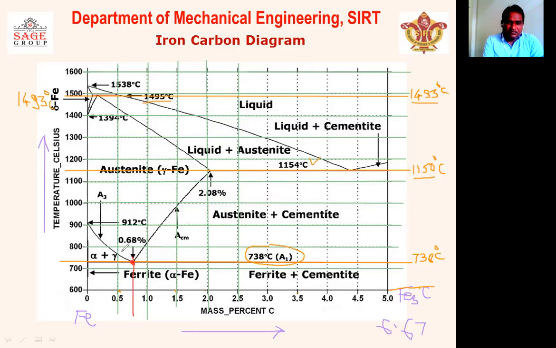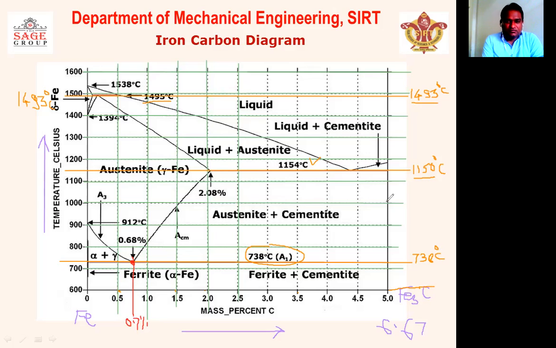When I draw a projector from this point to the horizontal line, I can read the value. This point lies between 0.5 and 1 percent of carbon. So I can write here the value 0.7%, but the exact value written here is 0.68%, or 0.7 percent we can say.